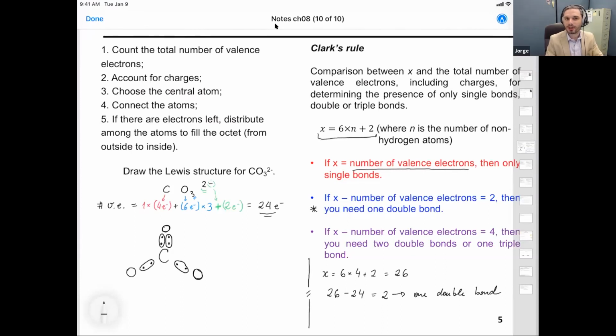Okay, so this rule has no scientific background. It's something that Clark figured out that works. It's something empirical, let's say, and it really works.